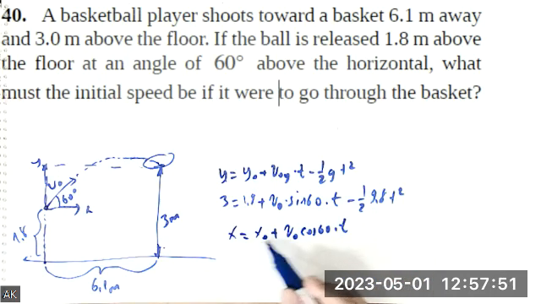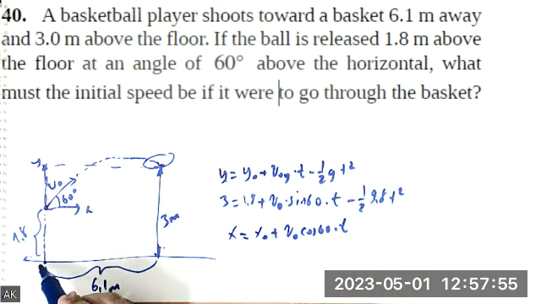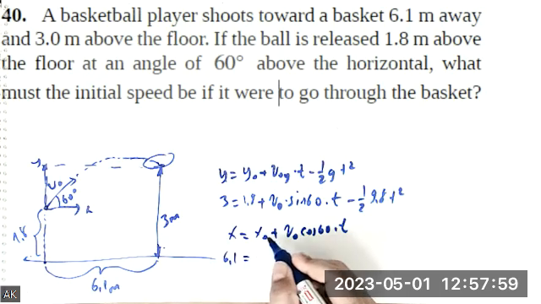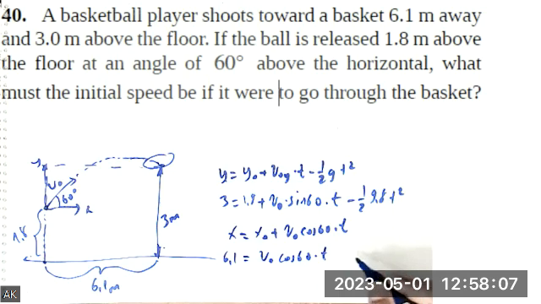What are the parameters in this equation? x is from here to here, 6.1 meters, the final position in x. x0, the initial position, is 0, plus v0 times cosine 60 times t. You don't know v0 or t, but you can solve for t in this equation. t is going to be 6.1 divided by v0 cosine 60.